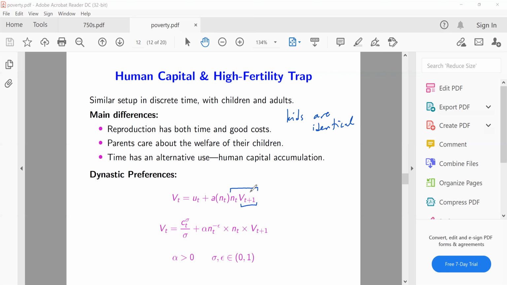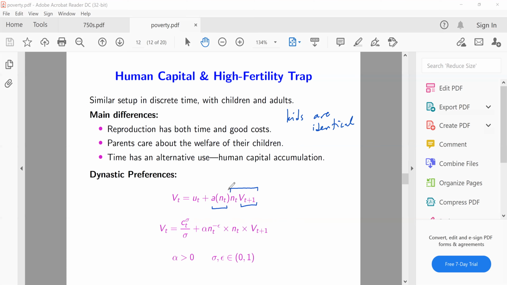Each will have V_{t+1} level of welfare. So if you have N_t kids, the total welfare of your kids will be N_t times V_{t+1}, and you still discount it, right?